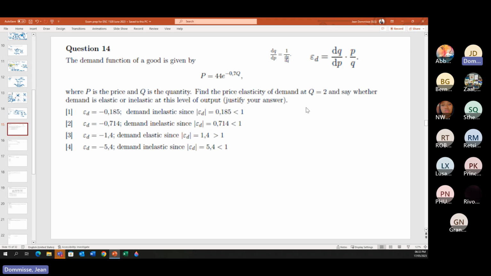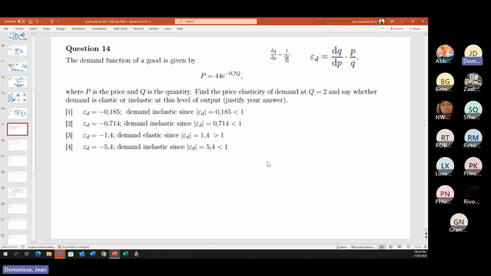Find the price elasticity of demand at Q equal to 2 and say whether demand is elastic or inelastic at this level of output. Justify your answer well. Okay, so firstly, I added that they will not give you that in the exam, so I just added it to assist you.